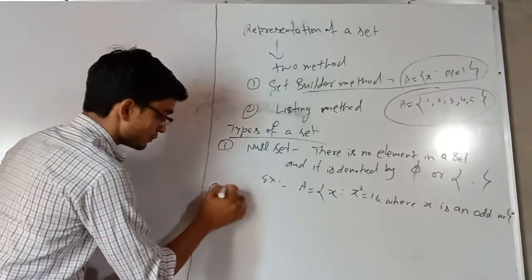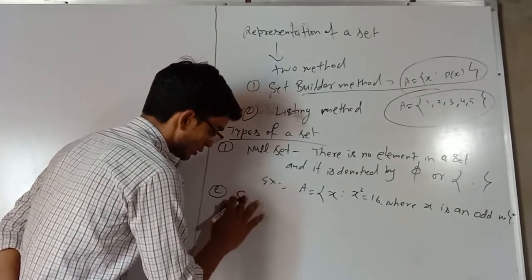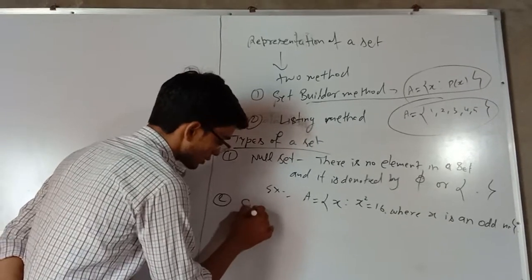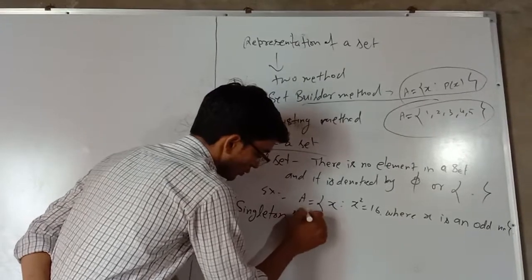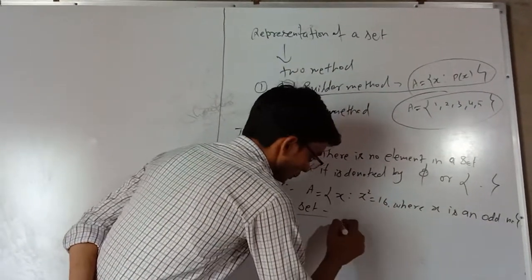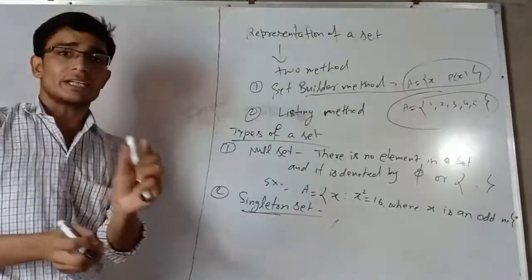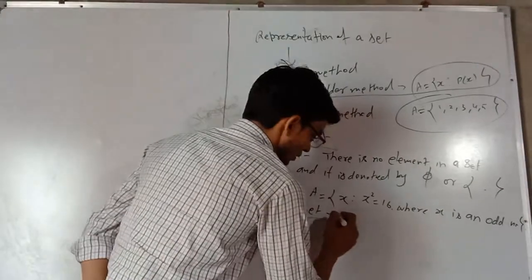Now we will talk about another set. Another type of set is the singleton set. Singleton means a single element.